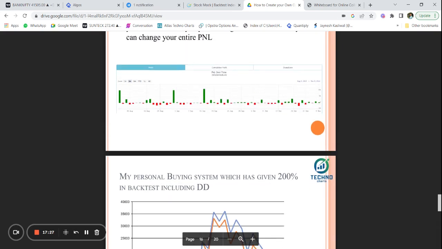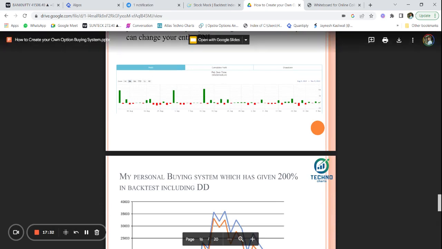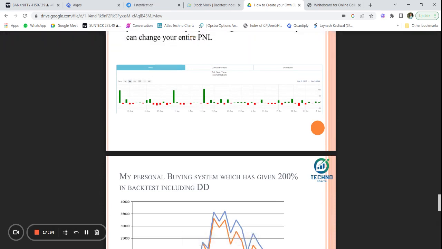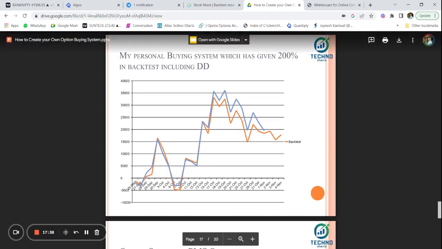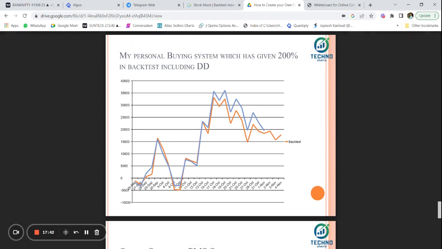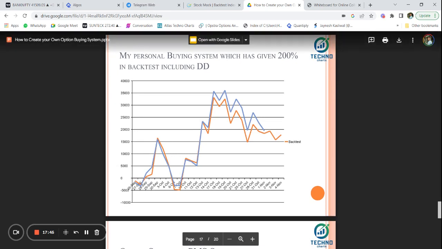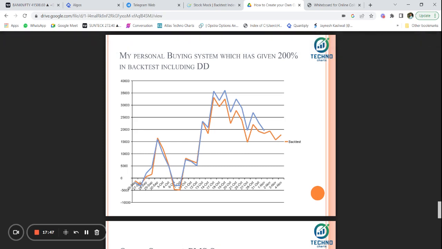Okay, so as you can clearly see, these huge profit bars are really important, because if you miss this day, then your system would collapse in this scenario, right? So this is currently my personal option buying system that I've been running for more than a month, around 45 days right now, and it has given me around 20% returns.